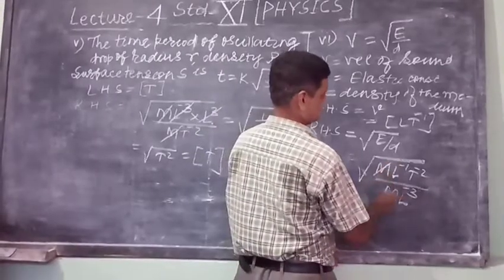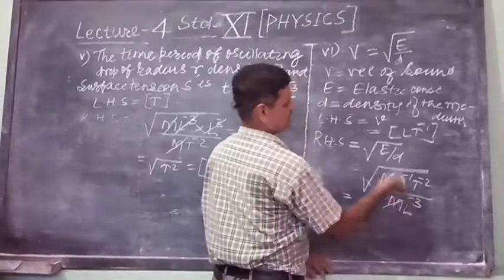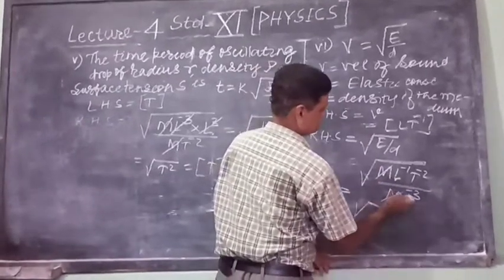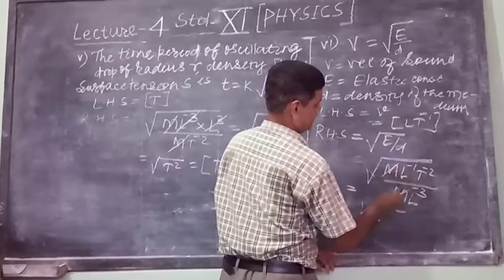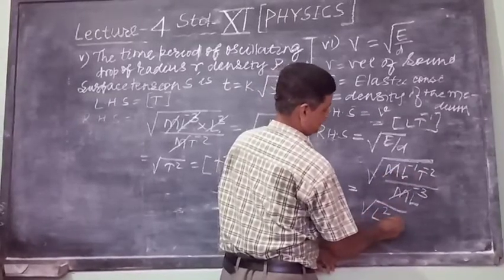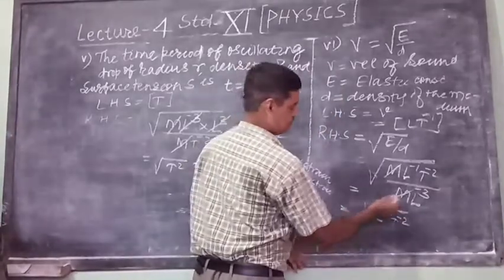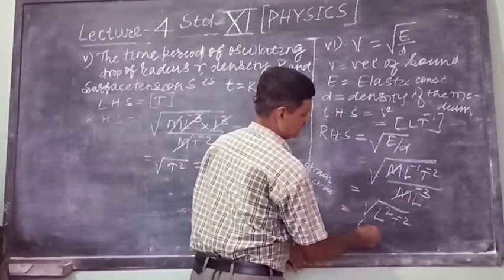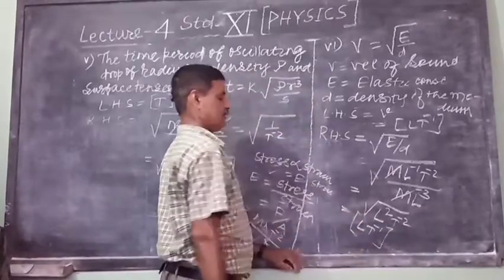This m will cancel out. This is your L minus 3. When it is raised, L power plus 3, 3 minus 1, L square, T to the power minus 1, minus 2. And finally it will be LT minus 1.